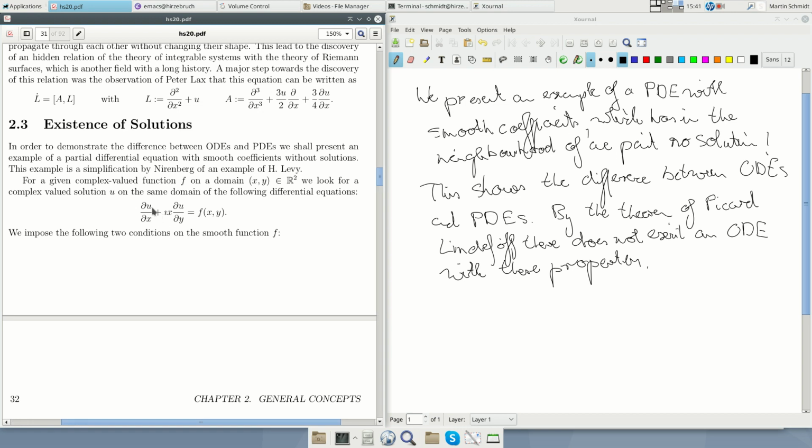Okay, but the methods of the last chapter do not apply, because there we considered scalar real first order PDEs. A complex first order PDE can also be rewritten as a real system of PDEs with two unknown functions, the real part and the imaginary part.